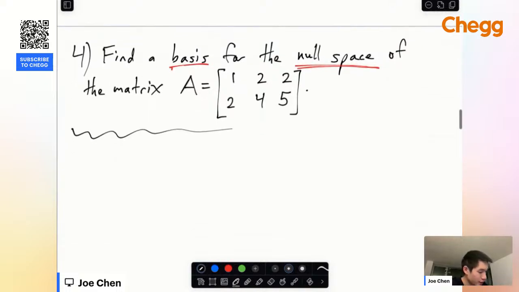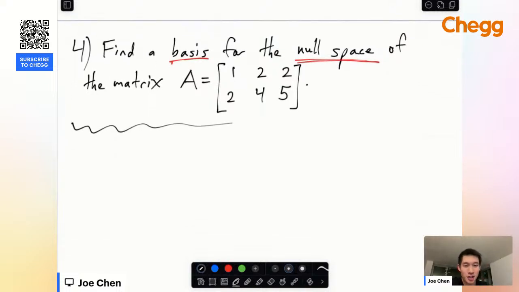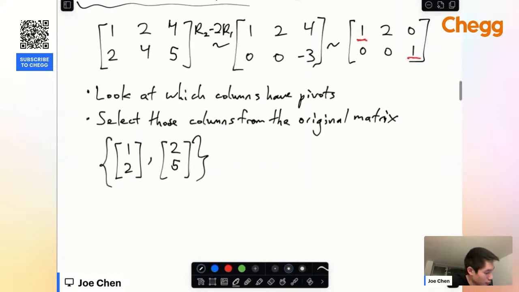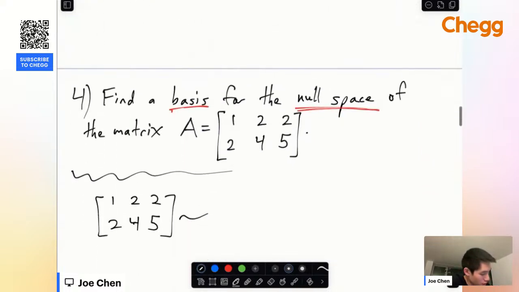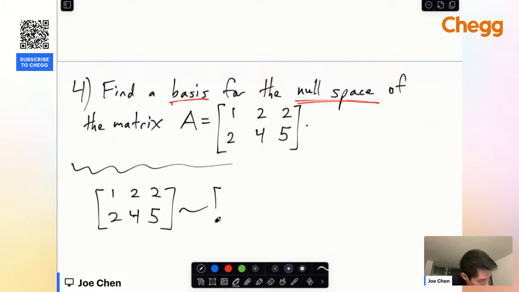The first step again is the same. We want to row reduce this matrix. Since I've already done it up there, let me just copy that down here. So this row reduces to 1, 2, 0, and 0, 0, 1.